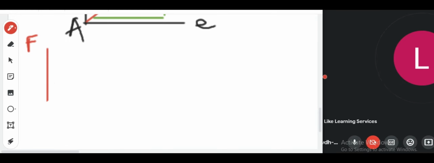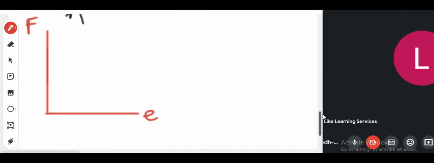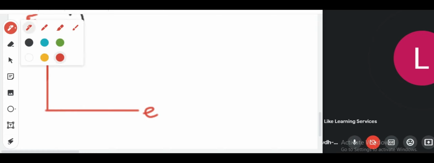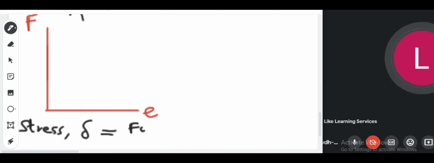A graph of force against extension. We can modify the graph to obtain some other features. First of all, a quantity we call stress, usually denoted by this symbol, is equal to force over cross-sectional area.